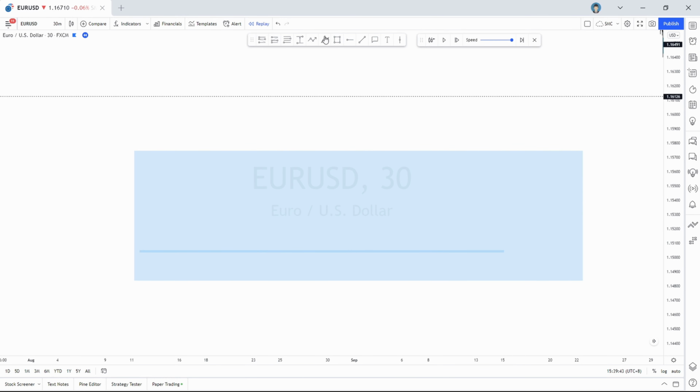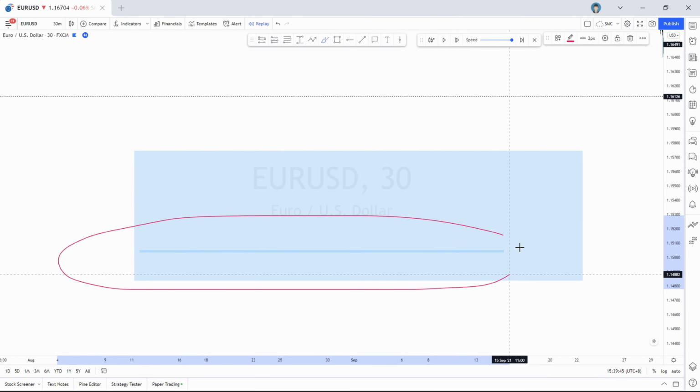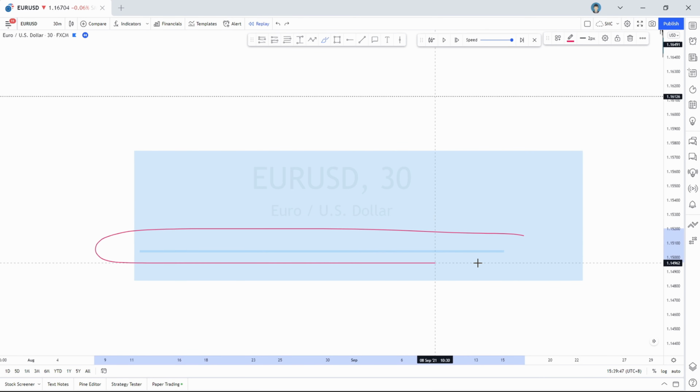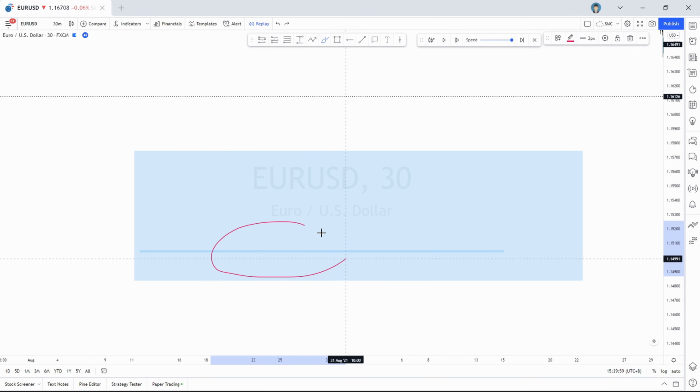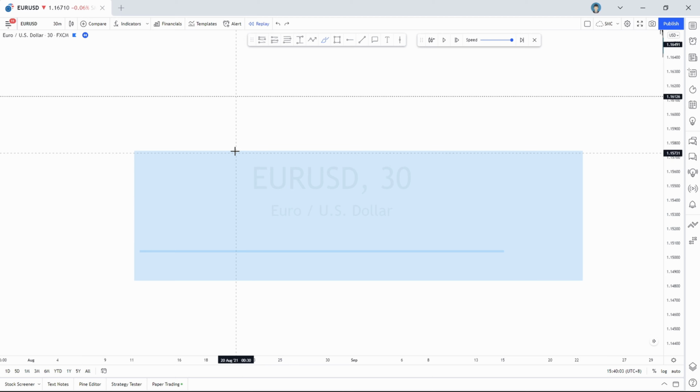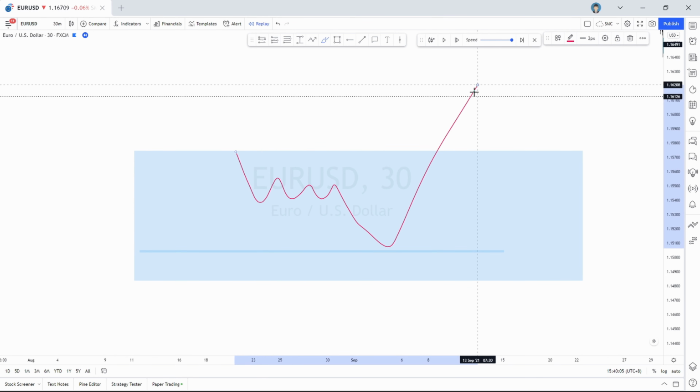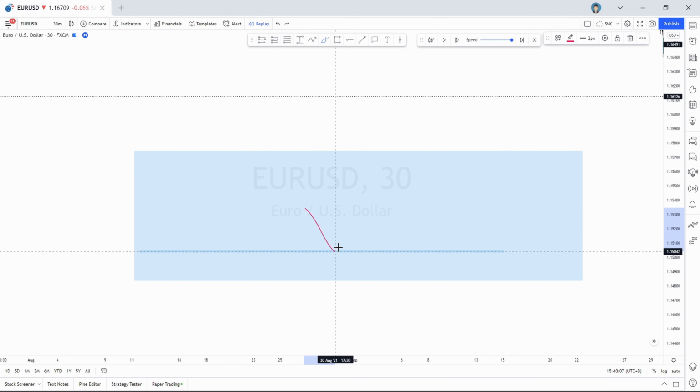There's nothing wrong, but remember, since the surface area of your refined zone is so tiny, the chances of it holding is lower. But again, it's a risk to reward thing. If you wait for this zone, there's a high chance for price to not tap it. Price might go here, then not tap it, continue to the upside, or price could tap it and stop you out since it's a very small zone.